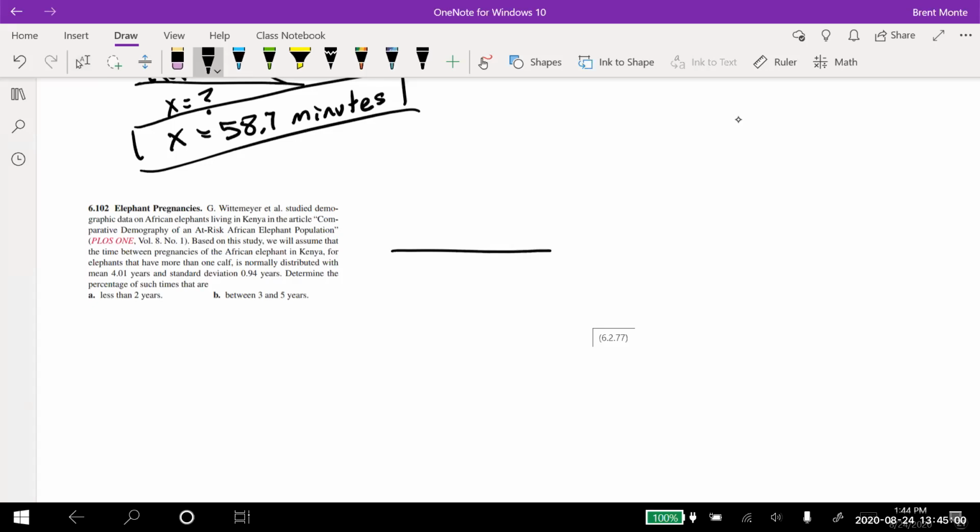So if we were to graph this, it's normally distributed. The mean, the average pregnancy time for an African elephant living in Kenya, 4.01 years. I thought 9 months was a long time. Standard deviation of 0.94. So mu, 4.01, sigma, 0.94. Okay, so that's what we have.